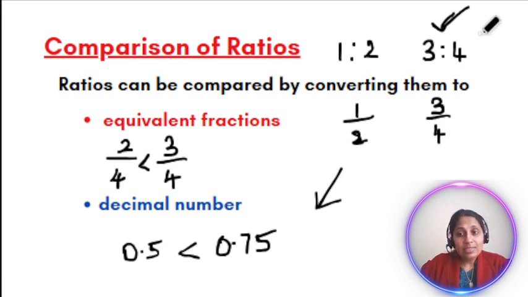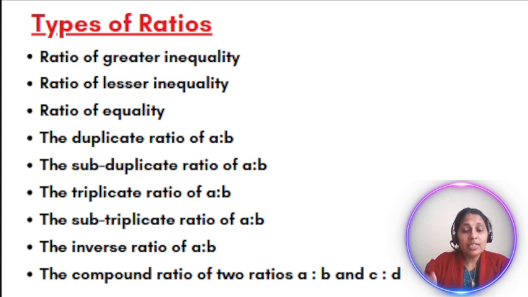Let's see what the different types of ratios are. There are many different types. The first one is the ratio of greater inequality. What does that mean?